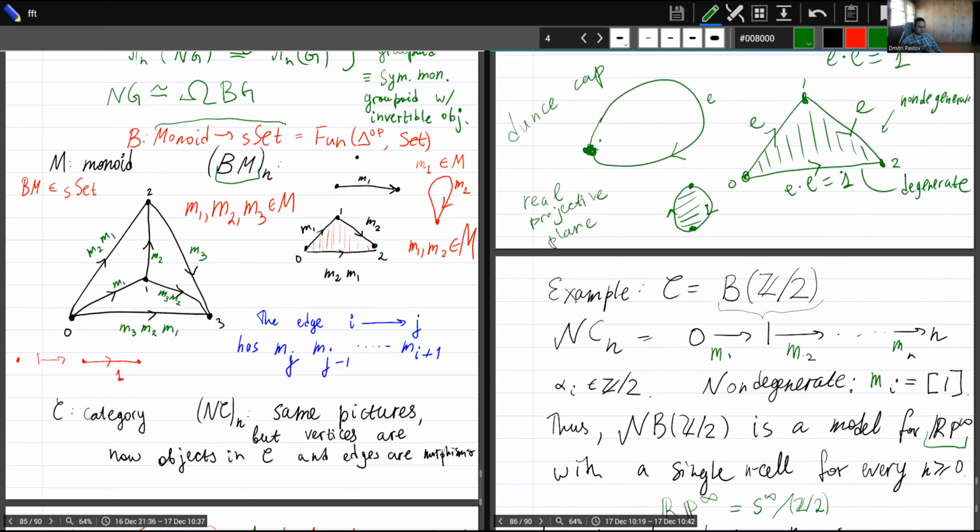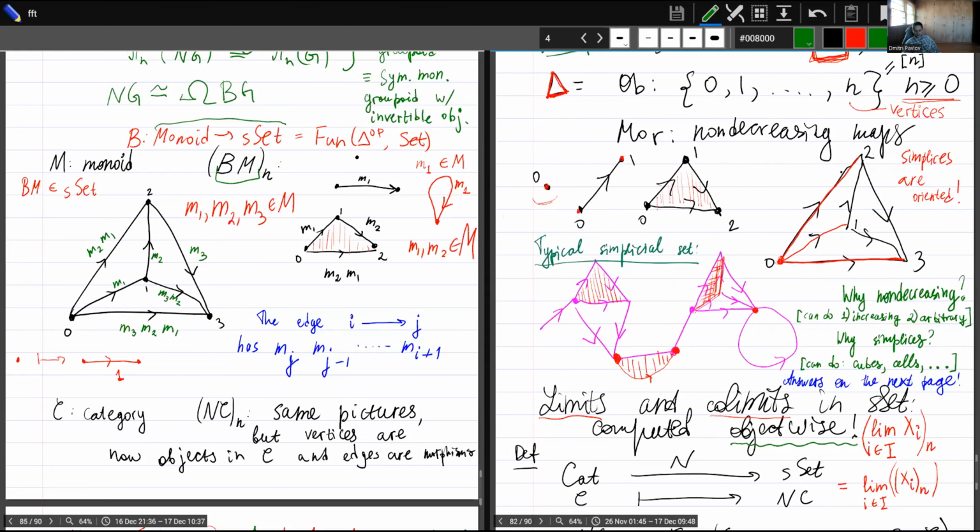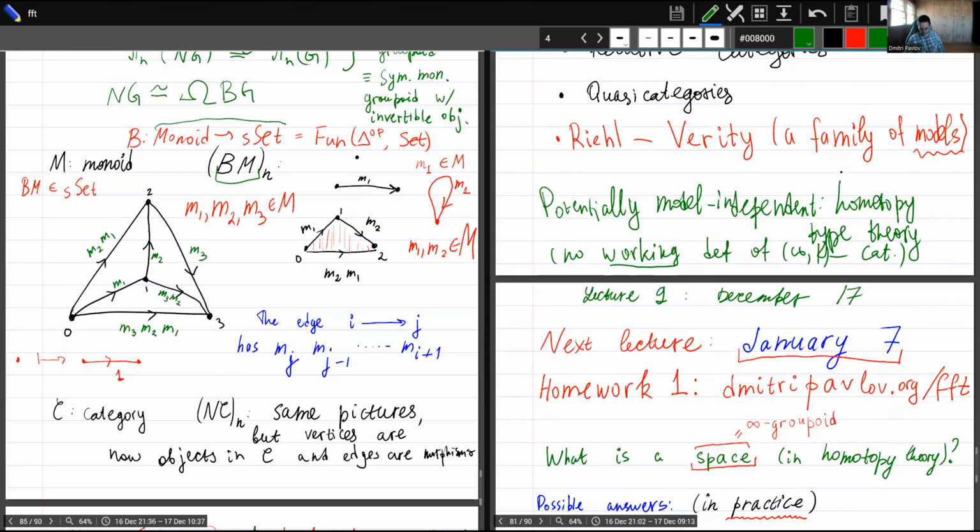All right, so any more questions about the nerve construction? Okay, so I guess this may actually be a good point to stop, because that's a nice logical breaking point.